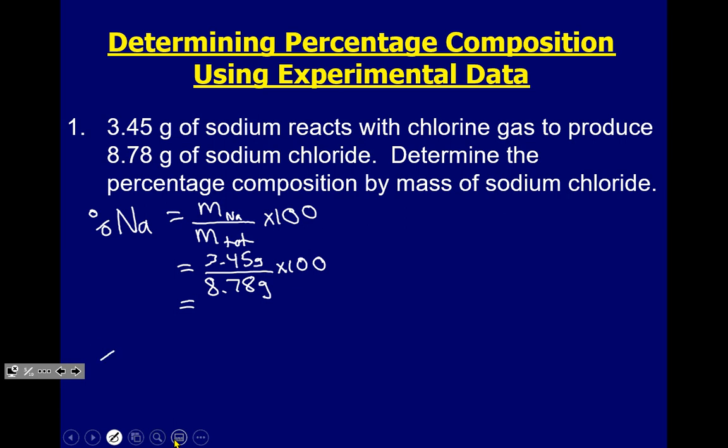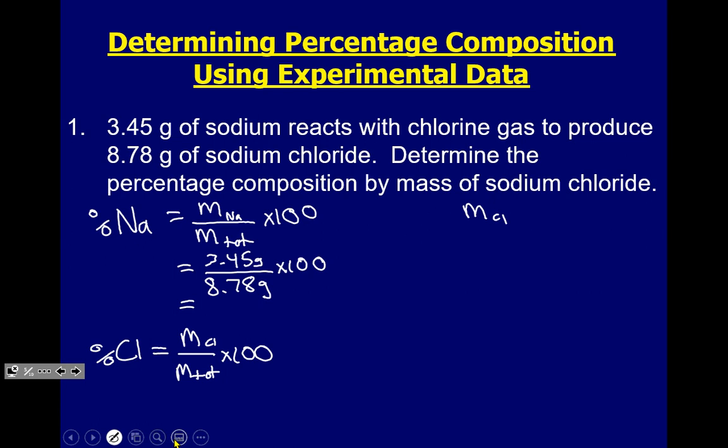If I then want the percentage of chlorine, then I'm going to need the mass of the chlorine, again, divided by the mass total. Now, some of you already calculated that. That's good. I'm going to get that information from you in a moment. In this case, how do you think I can determine the mass of the chlorine? What am I going to mathematically do, Ryan?